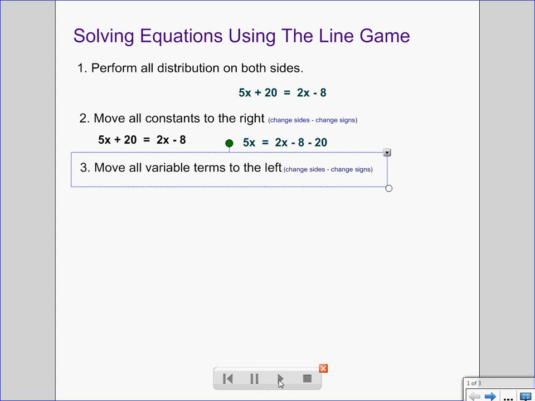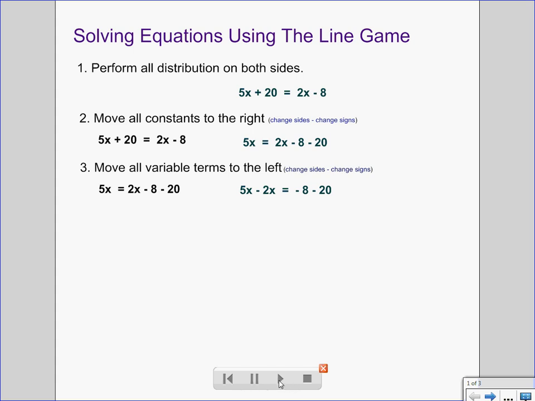And again, it is change sides, change signs. So when I move it, I'm going to move the 2x, which is the only variable term on the right side, to the left side. And now I'll have 5x minus 2x equals negative 8 minus 20.